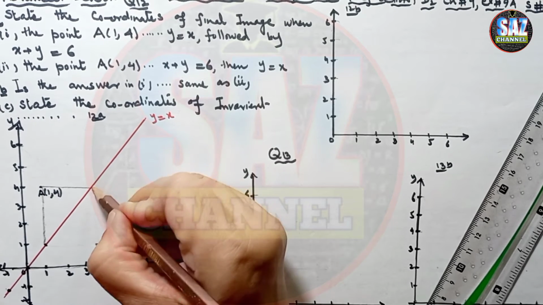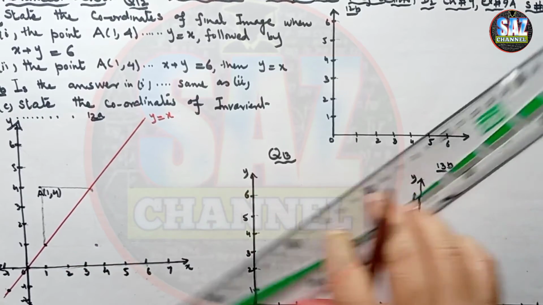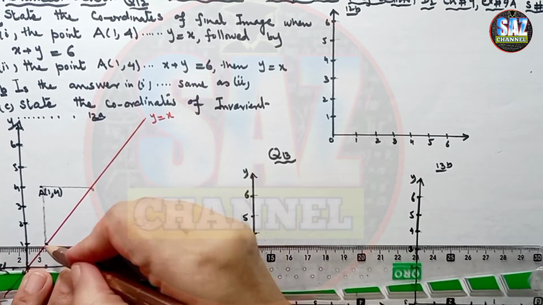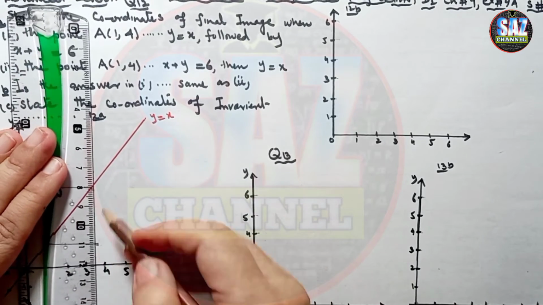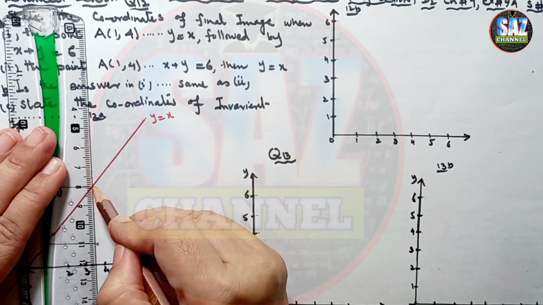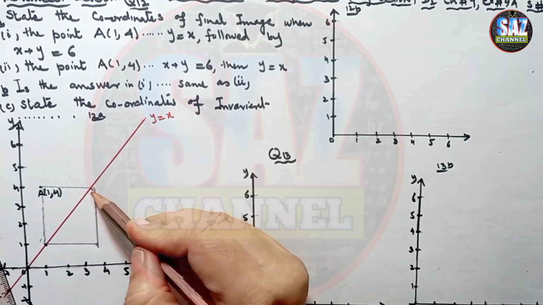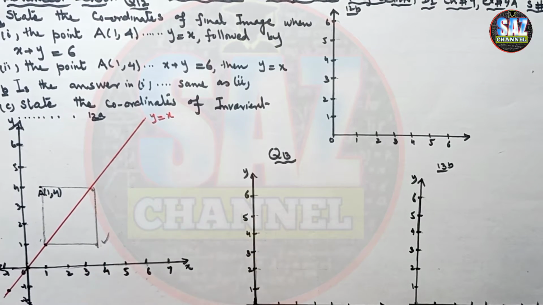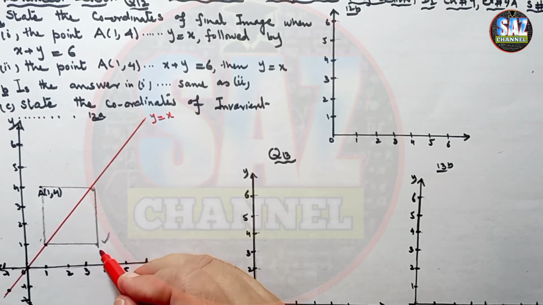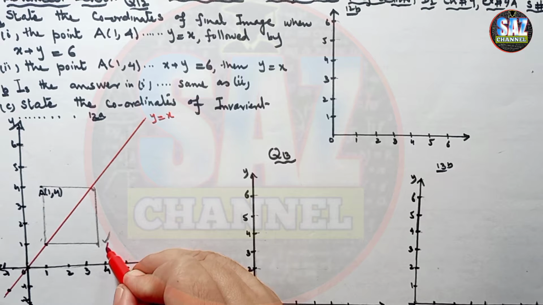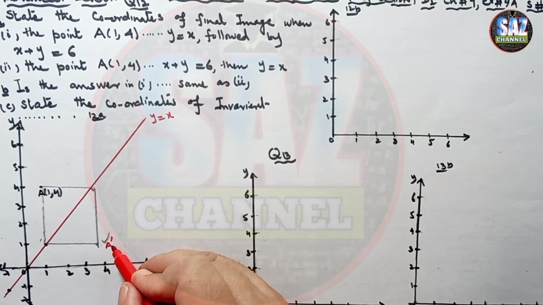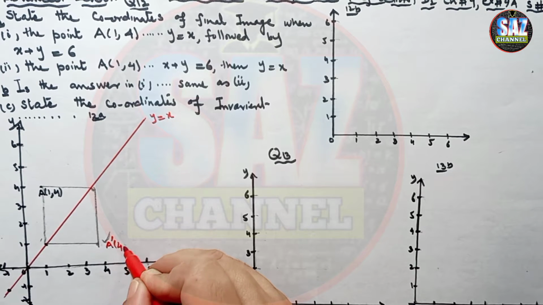So we can join the line like this. We can see that we are able to complete that half part of the right triangle at (4,1). So the image of A under y equals x is A dash, and this will become (4,1).